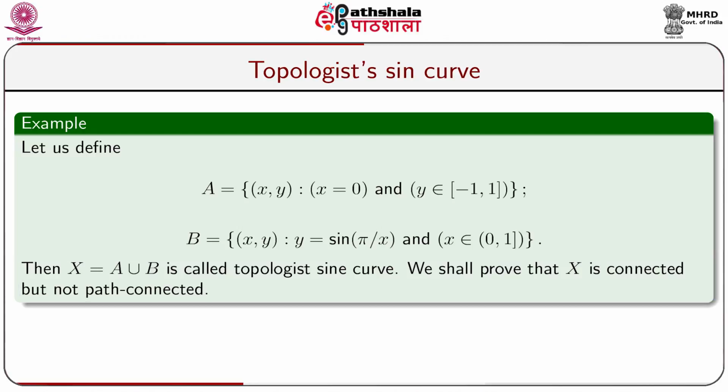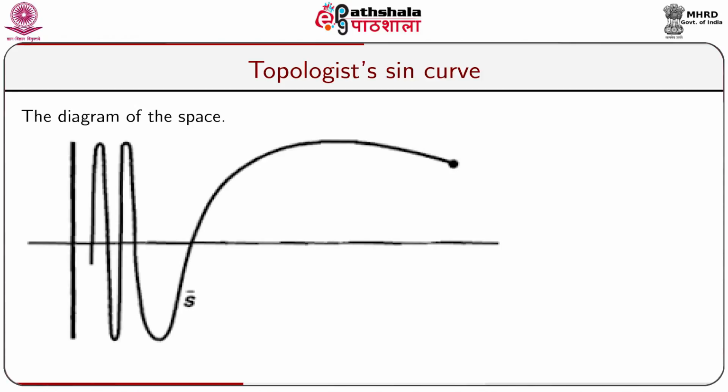Clearly, X is the closure of B, and B is connected because B is the continuous image of the semi-open interval (0, 1]. But we shall prove that X is not path connected. Let us first see the diagram of the topologist sine curve. This is as this.